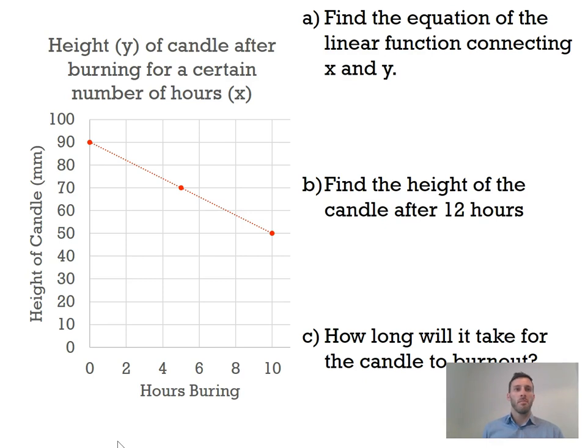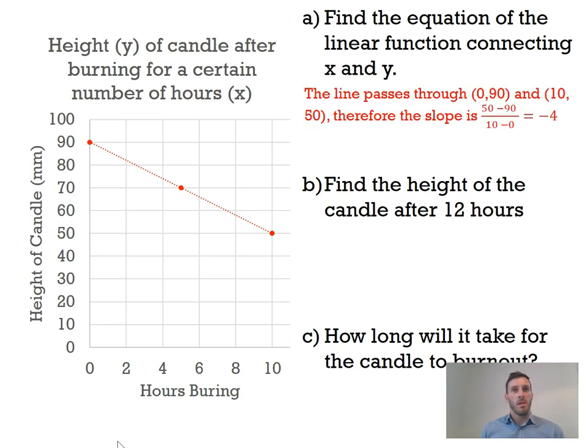We don't have the gradient yet, but we can use 2 points on the line to find the gradient. (0, 90) and (10, 50) pass through the line, and therefore we can calculate the slope as -4. The y-intercept is 90. This is all the information we need to work out the equation of the line, which is y equals -4x plus 90.